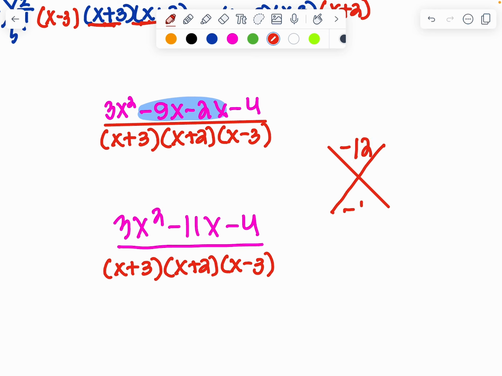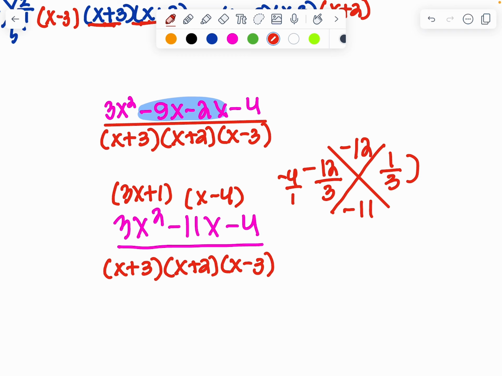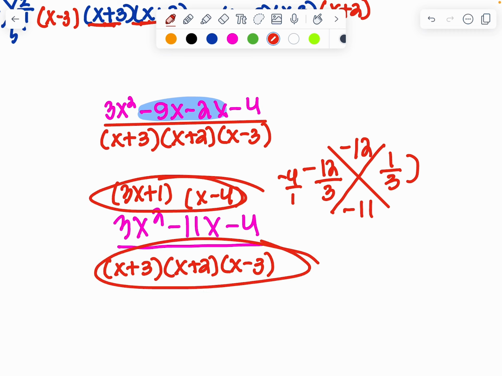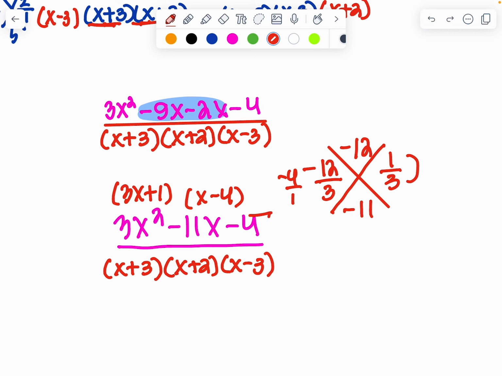Negative 12 times 1, and then divide by 3. This is a 3x plus 1. And this simplifies to negative 4 over 1, so this is an x minus 4. And after that, good practice, it doesn't simplify. So you can either do this over this as your final answer, or you can just do this as your final answer. All right, that's the new stuff for today.